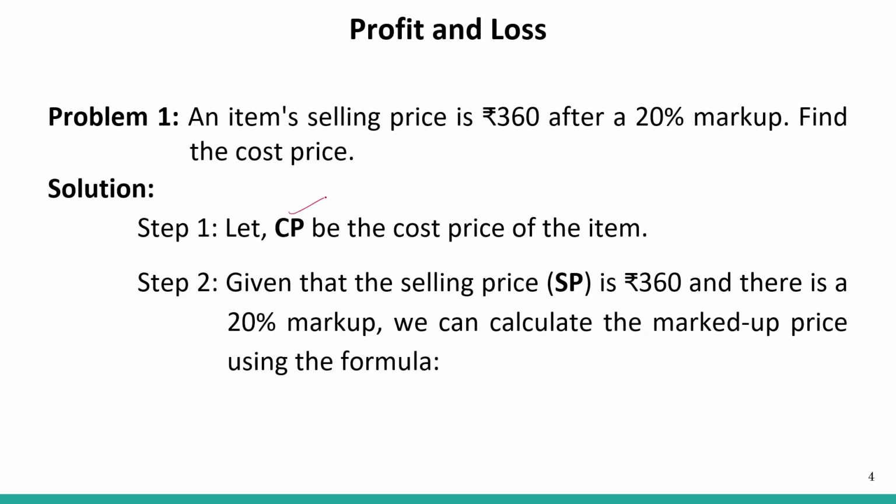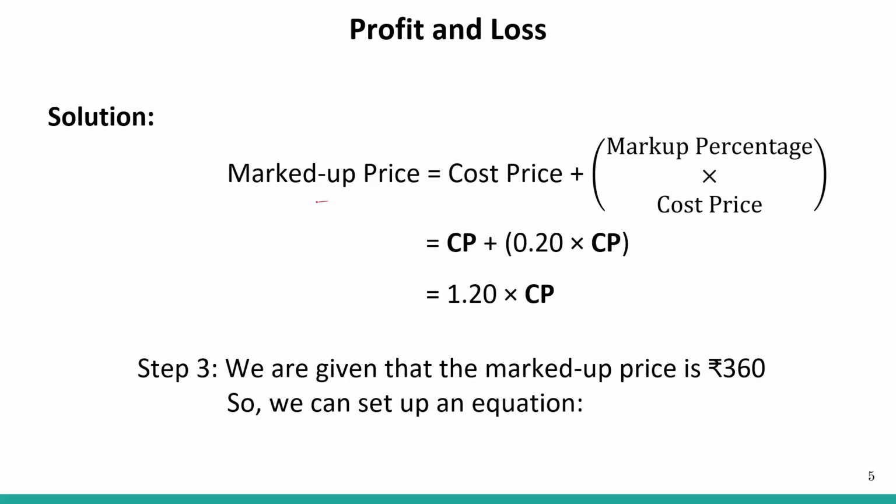So let CP be the cost price of the item. Given that the selling price is 360 rupees and there is a 20% markup, we can calculate the markup price using the formula. So the markup price is equal to what? Cost price plus markup percentage into cost price. The markup percentage is 20%, so in decimal form it will be 0.20.